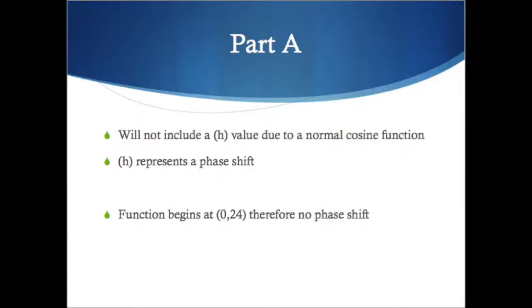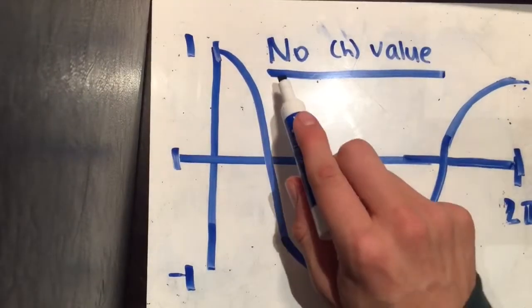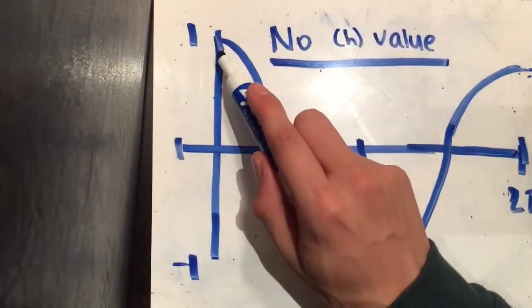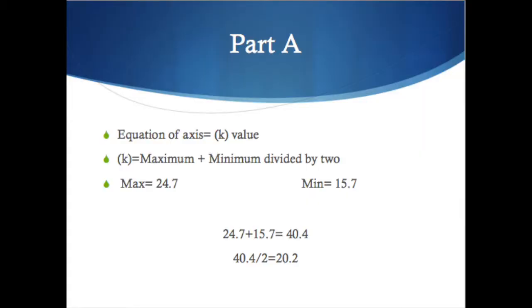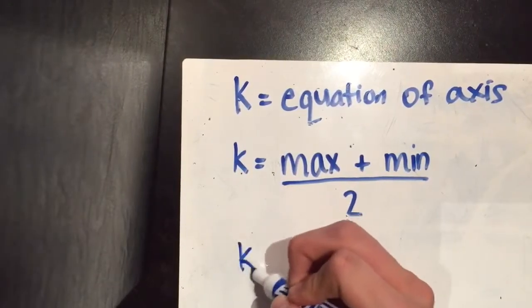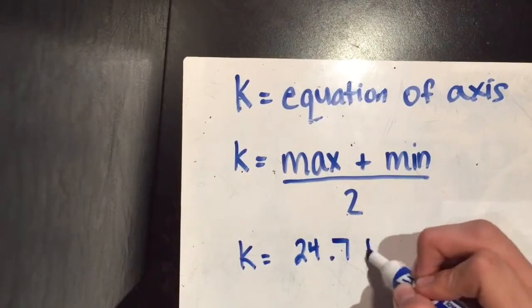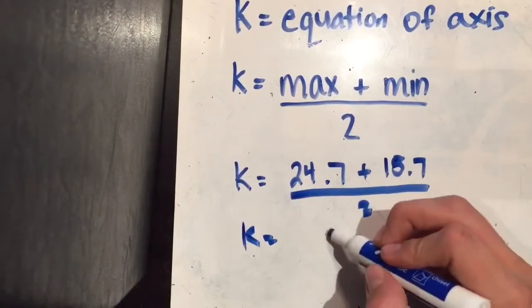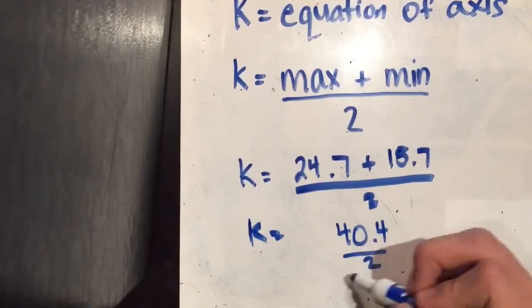The h value will represent a phase shift. Our h value will be 0 because, as I mentioned previously, a cosine function that starts at its maximum will not include a phase shift. Lastly, in order to find the k value, which represents the midline of the function or equation of the axis, you need to add your maximum and minimum values and divide the sum by 2. k is equal to 24.7 plus 15.7, which is equal to 40.4. 40.4 divided by 2 is equal to 20.2.